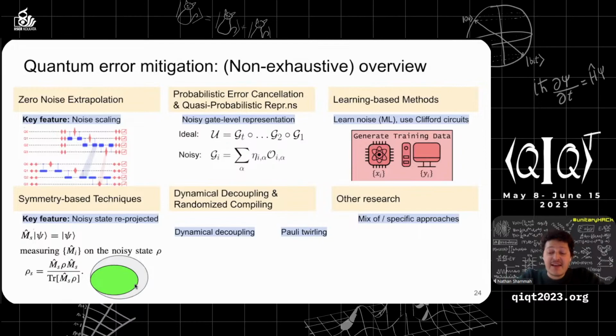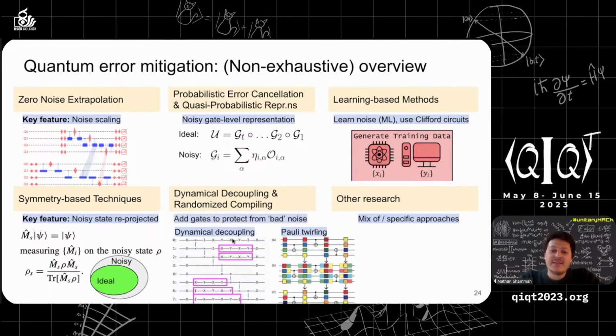And finally, let me also mention that there are techniques such as dynamical decoupling and randomized compiling. These are techniques that work mostly at the compilation level. So you see here a quantum circuit in which, with these rectangles, we are showing XY sequences that were not present in the original quantum circuit.